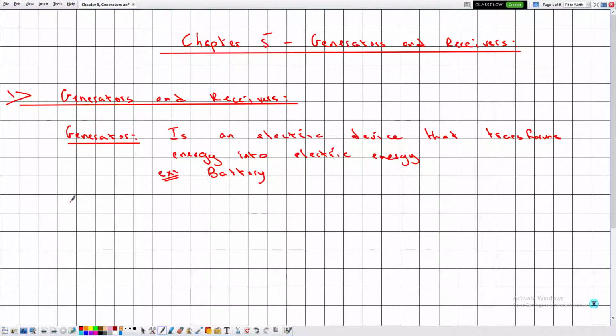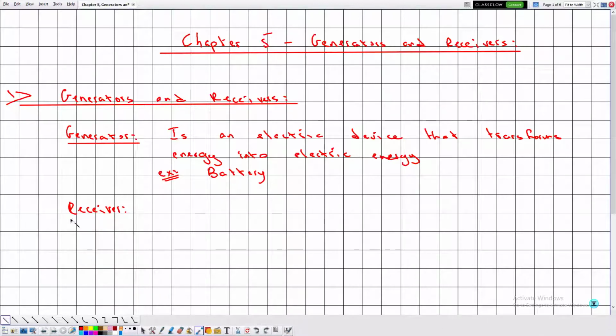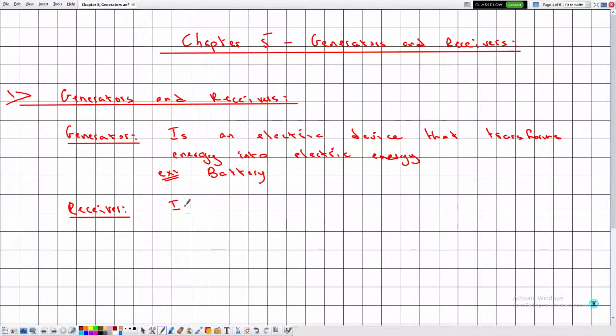Now the receiver: the receiver is an electric device that transforms electric energy into any other form.